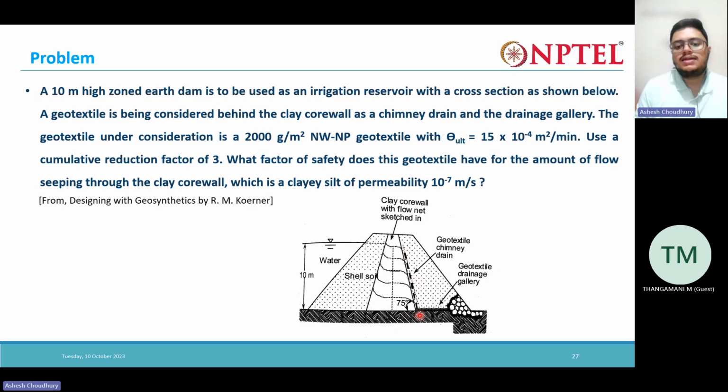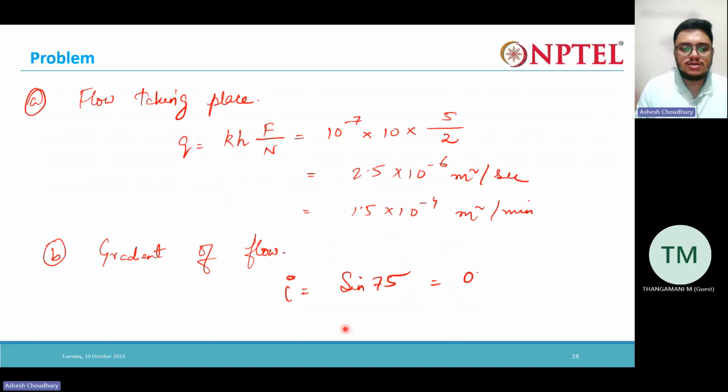So H by L you can get by taking sine of the angle. Sine of the angle is opposite by hypotenuse. Opposite is H, the head, divided by L. So sine of the angle will give us the gradient of flow.